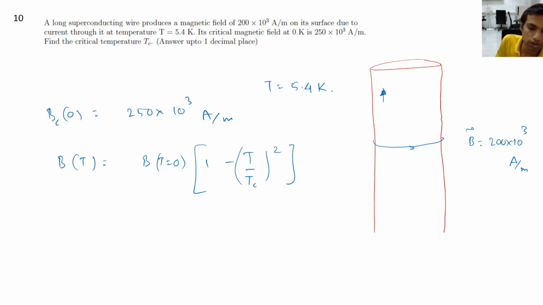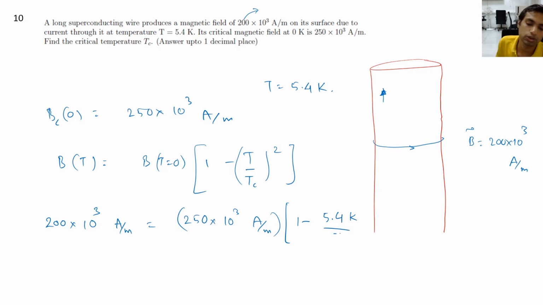So this magnetic field is already given. That magnetic field at temperature 5.4 Kelvin, 200 into 10 to the power 3 ampere per meter, is equal to H at T equal to 0, 250 into 10 to the power 3 ampere per meter, into 1 minus 5.4 Kelvin over Tc whole square, and you have to do this.